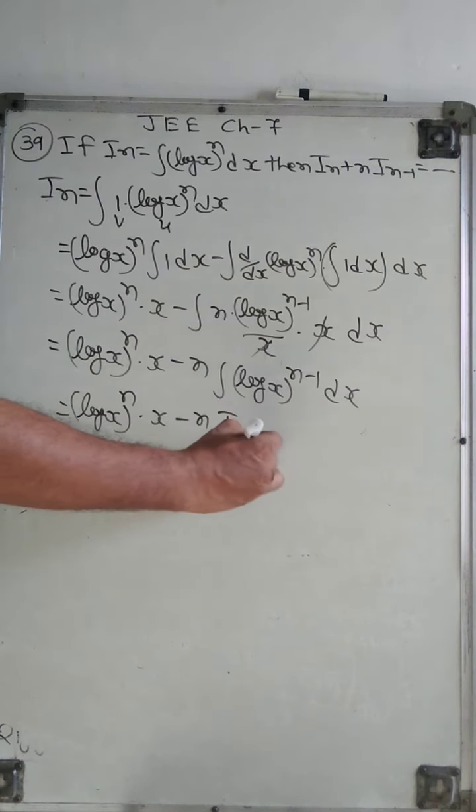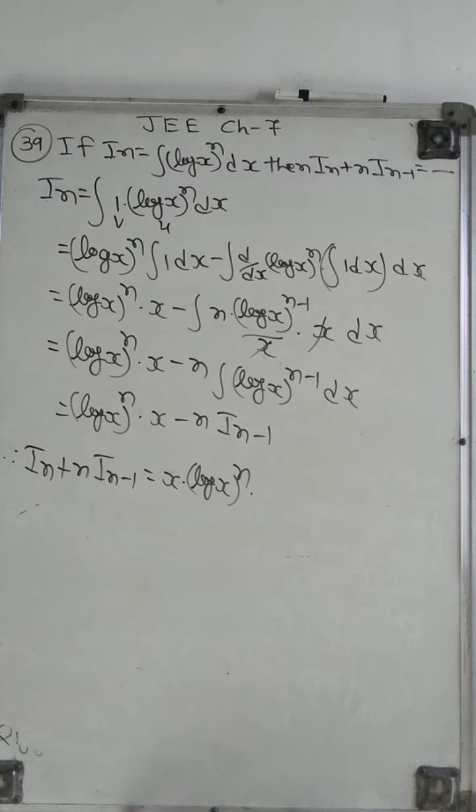Therefore I_n plus n I_(n minus 1) is equal to x (log x) raised to n. So this is our answer, that the value of I_n plus n into I_(n minus 1) is equal to x (log x) raised to n, right? Then we go for the next one.